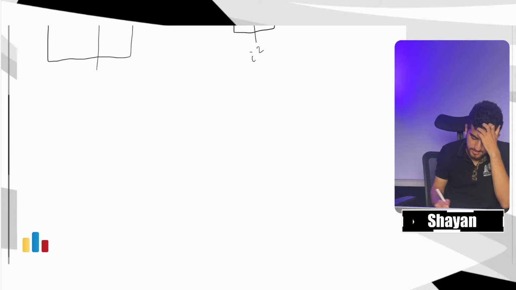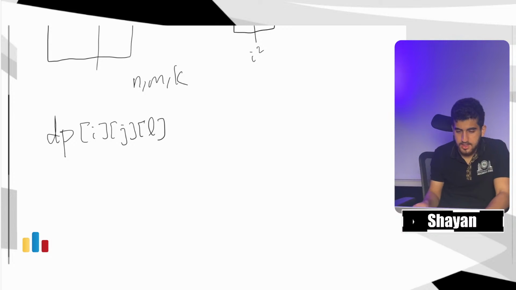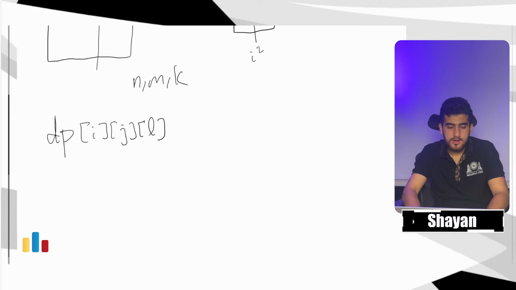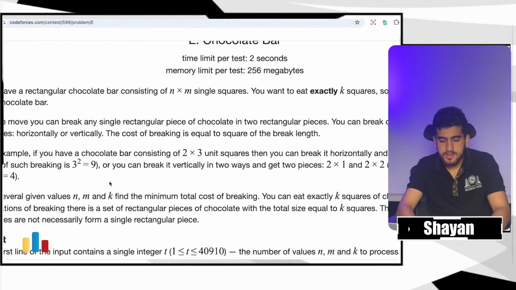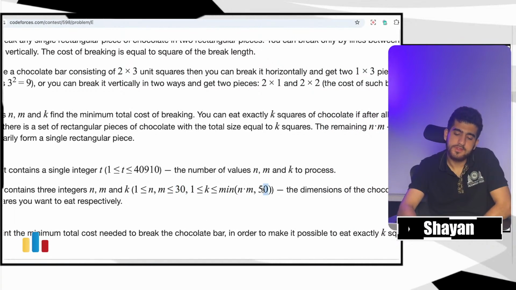We can, for example, have some dp, where we have n and m and k given. If we define some dp of i and j and l, do not forget the constraints. We have n and m up to 30 and k up to 50.